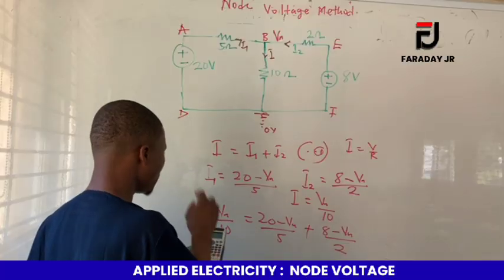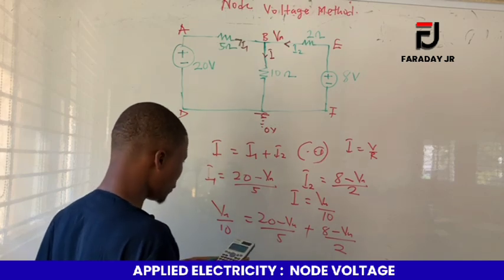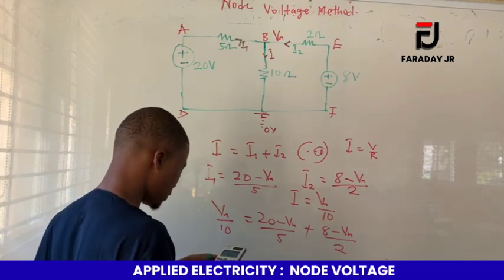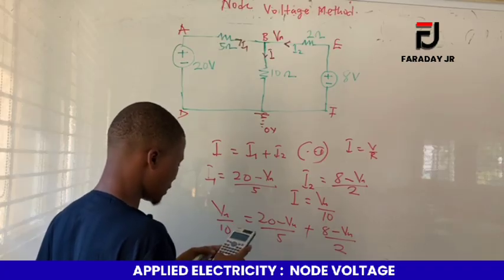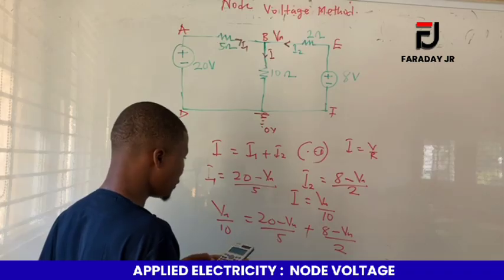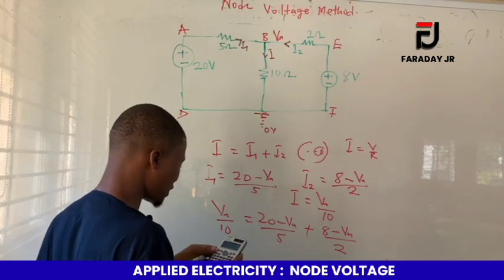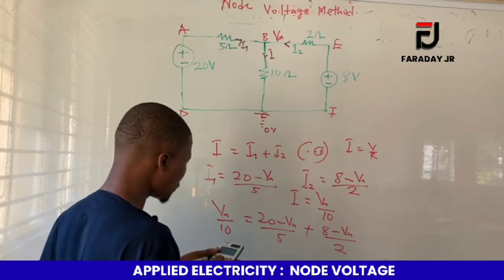So we can have X over 10 equal to, 20 minus X over 5 plus 8 minus X over 2. After that, I press shift, calculate, and then equal to, and your value will come.